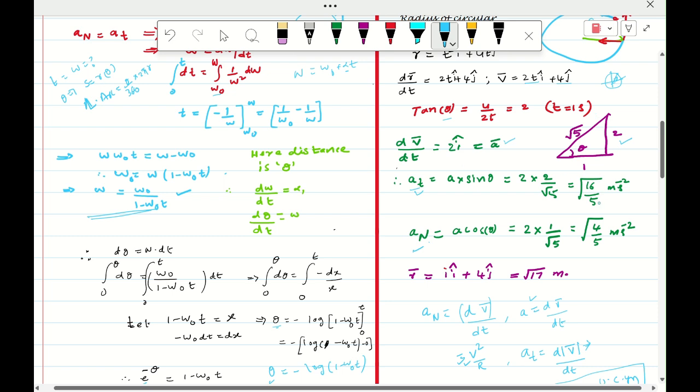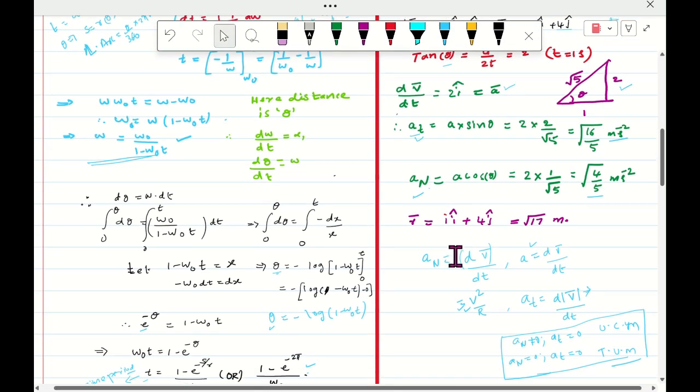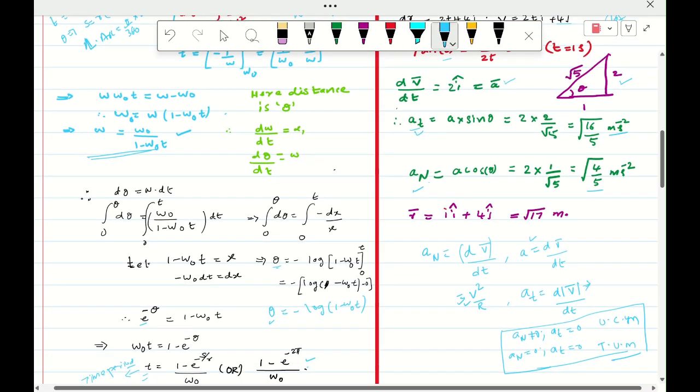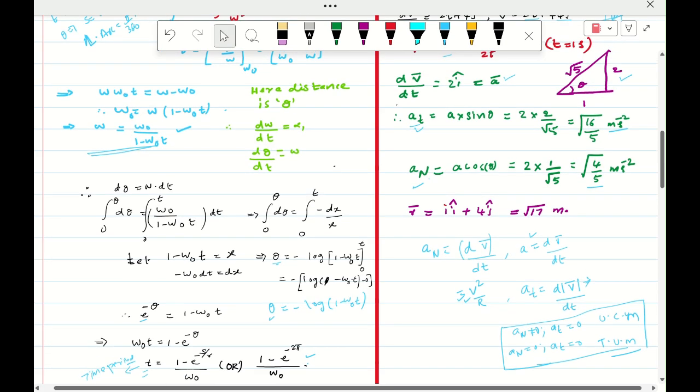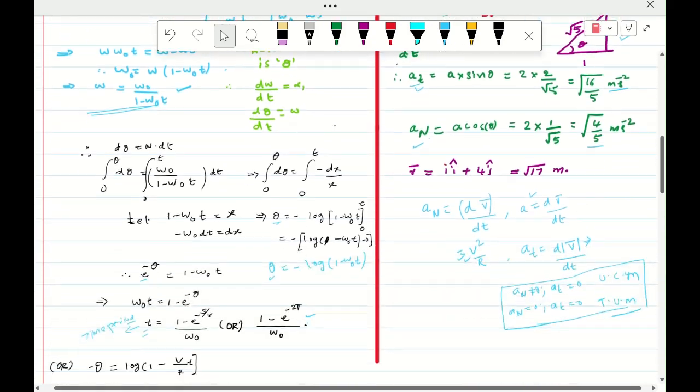So at is equal to 16 by 5 meters per second squared and an is equal to 4 by 5 meters per second squared. The resultant is the root of the sum of squares; if you do it, you will get a equal to 2, magnitude 2. And the radius is root 17 meters. So this is about finding the normal aberration and tangential aberration when the position vector is given.